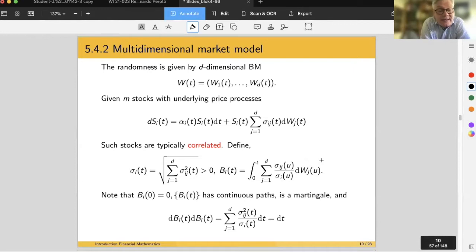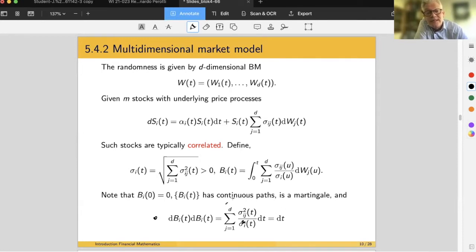And if we look at the quadratic variation, and we look at it in differential form, we look at dB_i(t). Now, then we look at the differential form and we square this. So here should be a square. And this is the sum, j runs from 1 to d, of sigma_ij squared (t) divided by sigma_i squared (t), times dt, because dW_j(u) squared is dt, as you know.